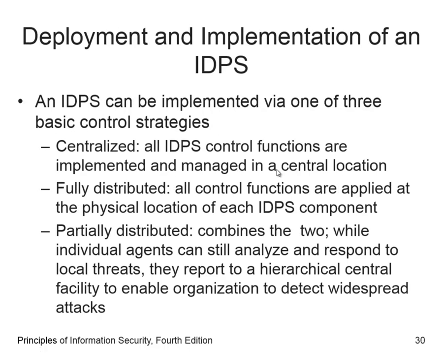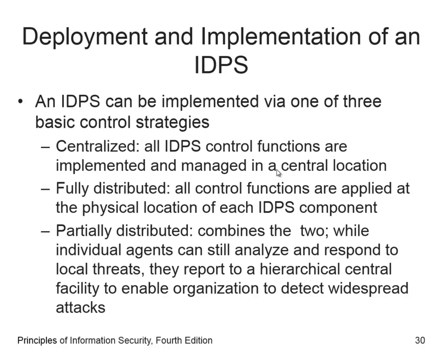To deploy or implement an IDS, a control strategy must be adopted. There are 3 basic control strategies that can be used. The centralized IDS control strategy, where all IDS control functions are implemented and managed in a central location.